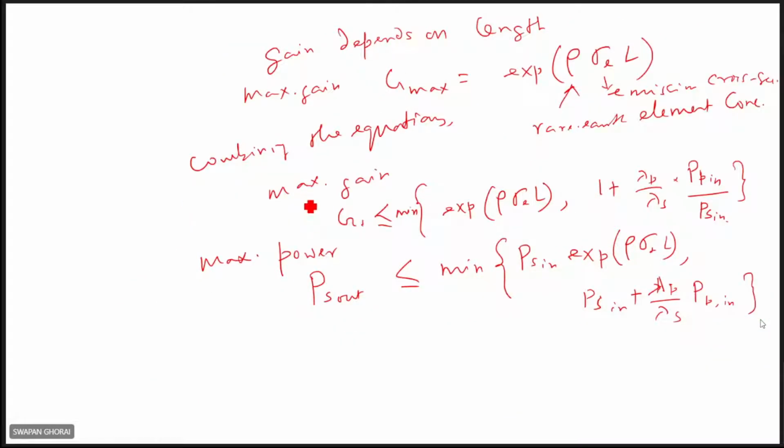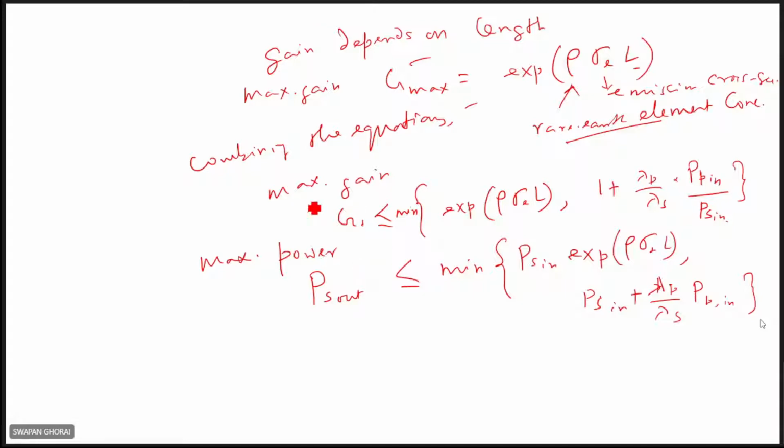Also, gain depends upon the length of the fiber. The maximum gain you can have is rho times sigma E times L, where rho is the concentration of the rare earth element: erbium ions, ytterbium, etc. So it depends on the rare earth element concentration, the emission cross section and the length. Combining the previous relation and this one, we have also seen that it depends on pump power and on the length.